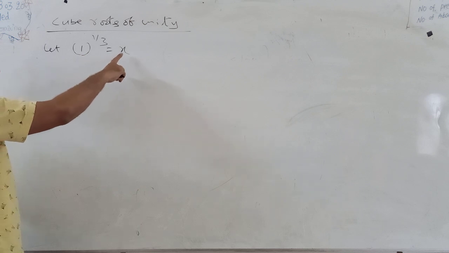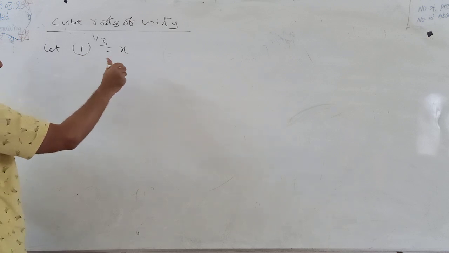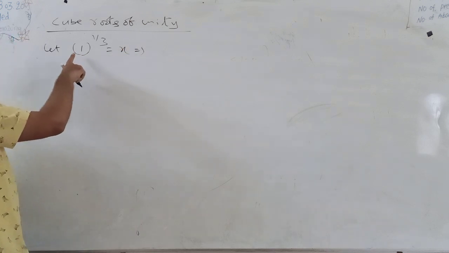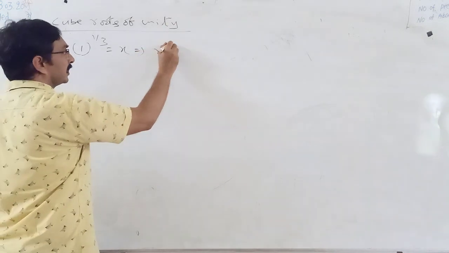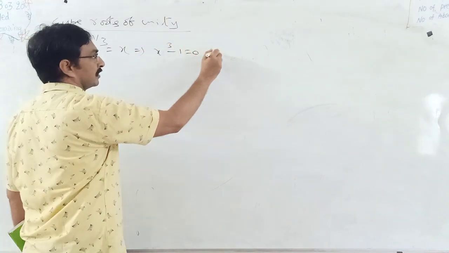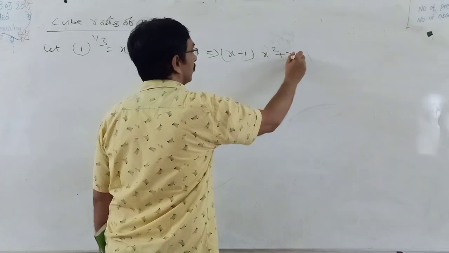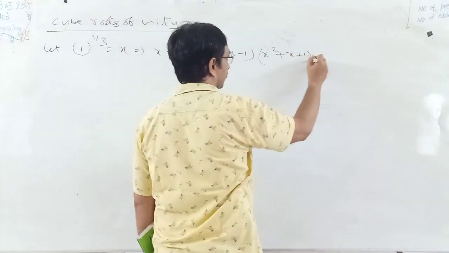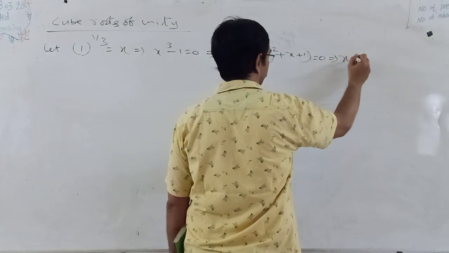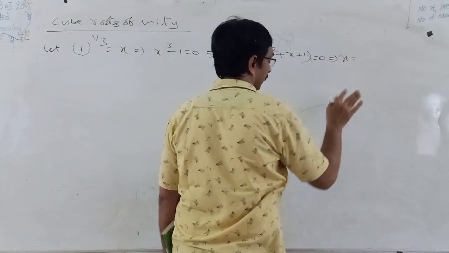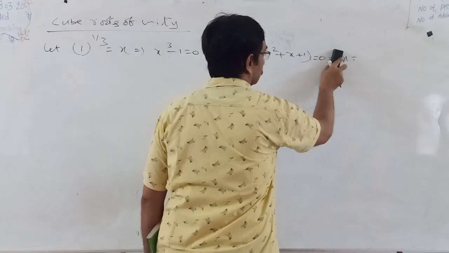So, means we have to find the values of x. By cubing on both sides, 1 equal to x cube. That implies x cube minus 1 equal to 0. Factors of that one, x minus 1 into x square plus x plus 1 equal to 0. Implies x equal to 1.